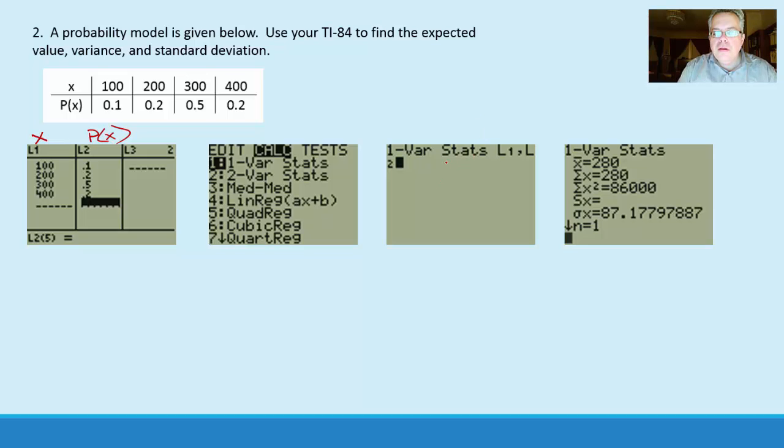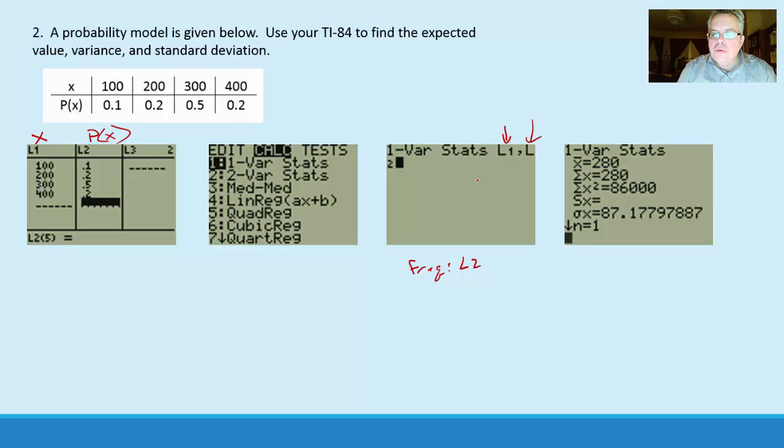If you have a newer calculator, you put in the list L1, and the frequency list is L2. So if you have a newer one, under frequency, you put L2. If you have the older version, like what's shown here, you have to put L1 comma L2. When you give one variable stats two lists, it understands that it's a probability model.